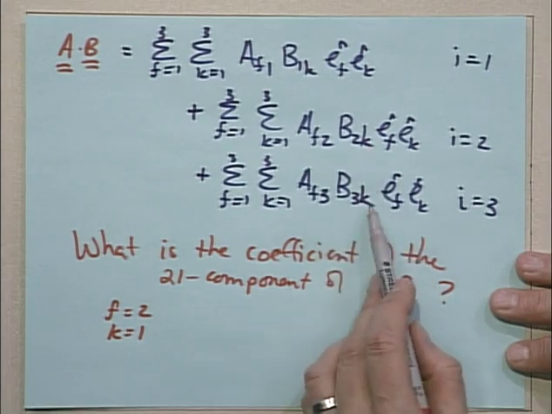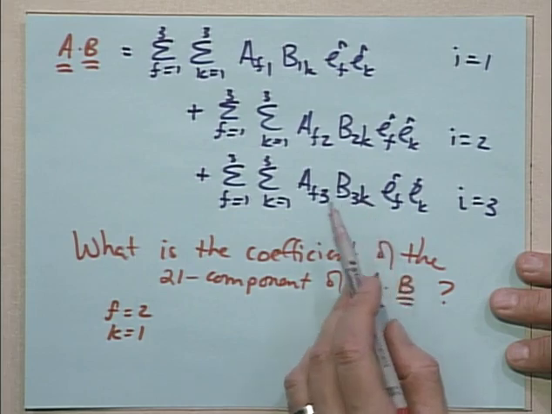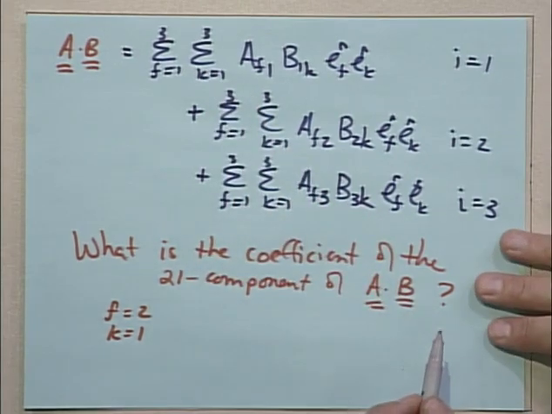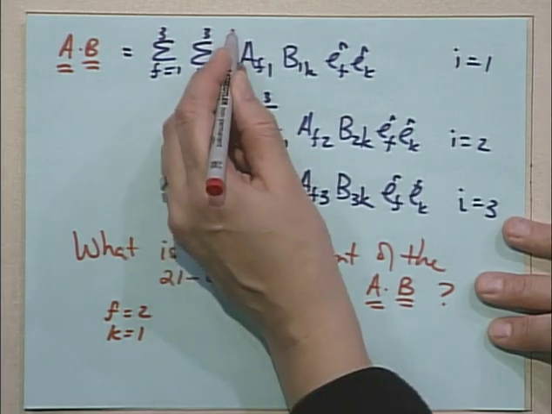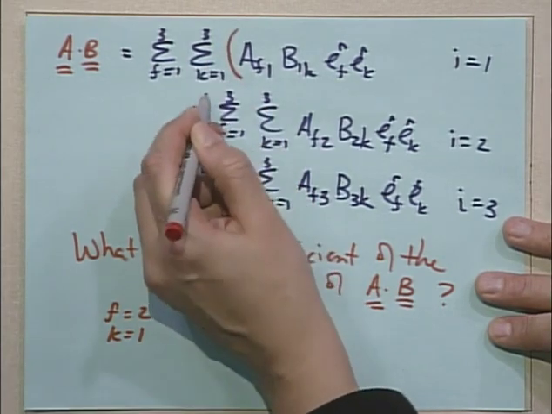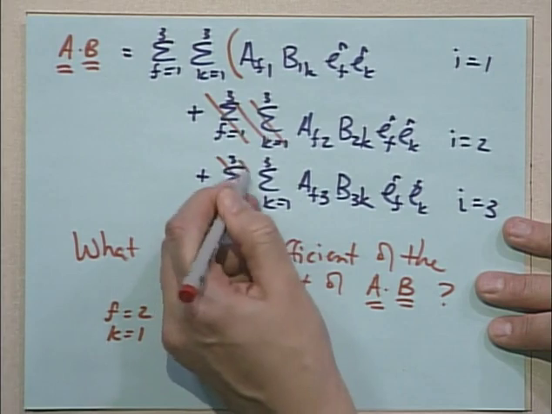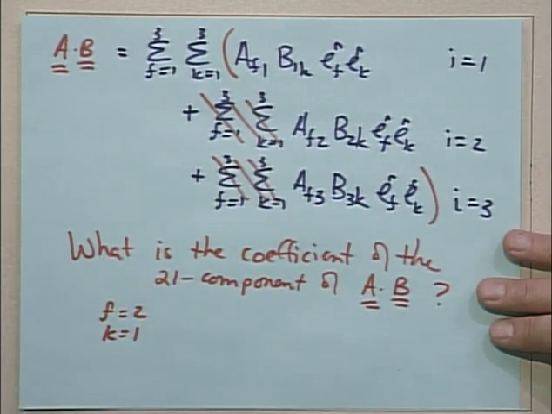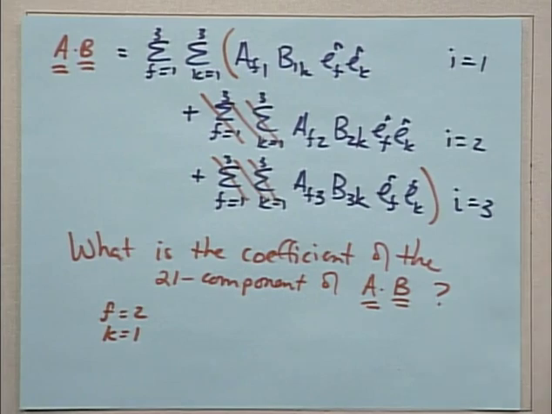When F is 2 and K is 1, there's a 2, 3, 3, 1. These three sums are kind of redundant, right? We could just write the summation once, like that. And we could even factor that EF, EK out. Let me do that.